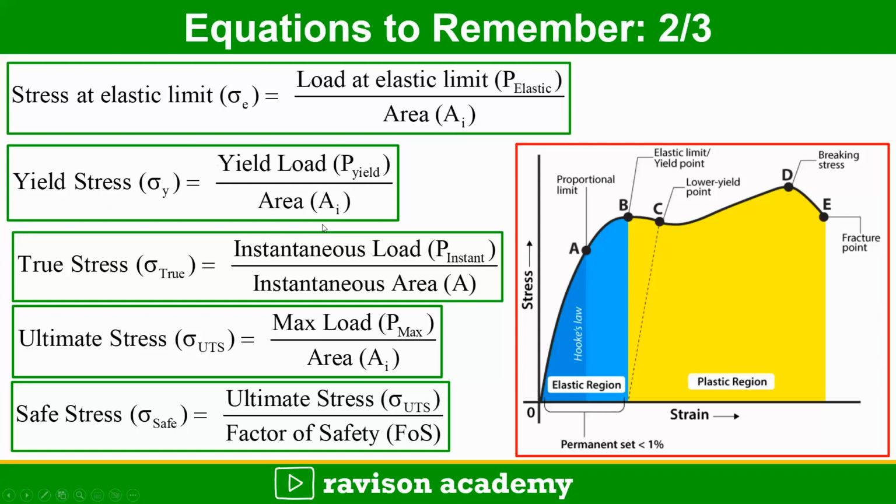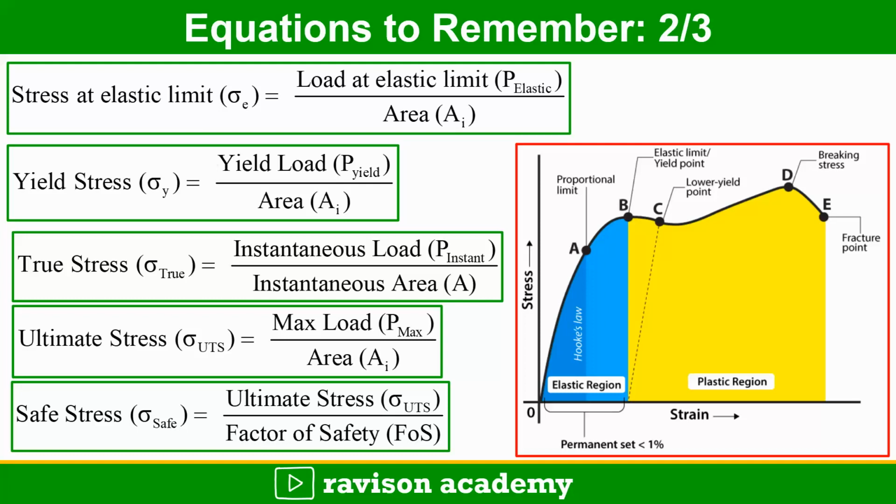True stress we define as instantaneous load by instantaneous area. Suppose we want to measure the true stress at point C. We measure the load at point C and also the area of the specimen at point C. It is the instantaneous point, true stress and true strain.